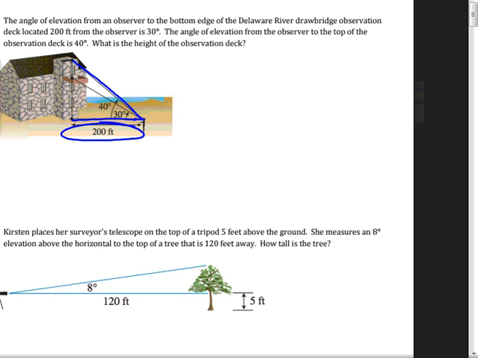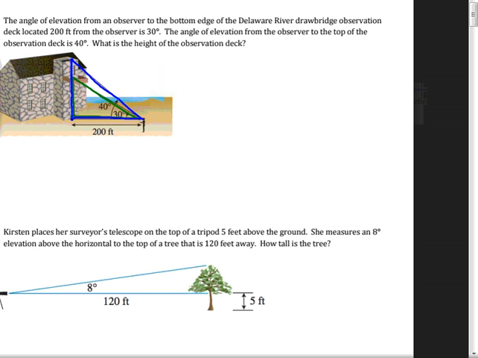Do you get that there are actually 2 triangles here? There's a triangle, I'm going to make a green triangle right here. That's one triangle. And then there's this blue triangle here that goes at a 40-degree angle. It also goes with 200 feet. Those are 2 completely separate triangles.